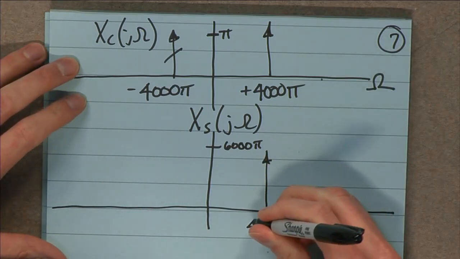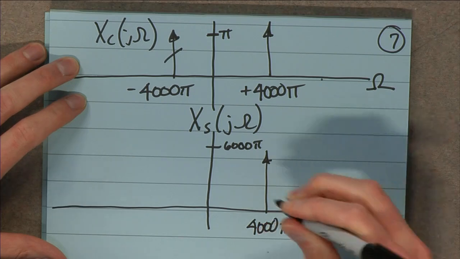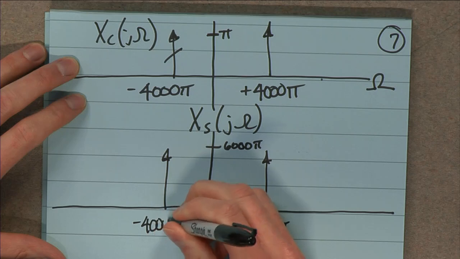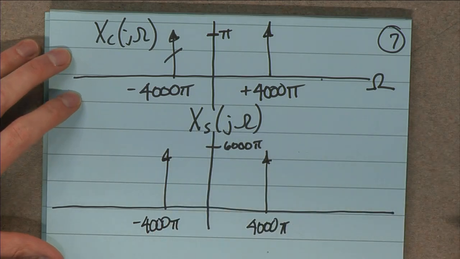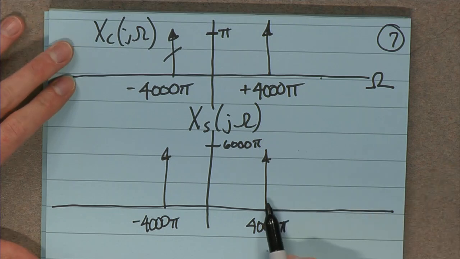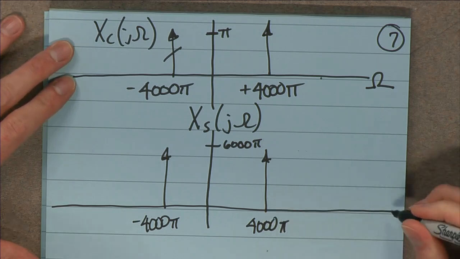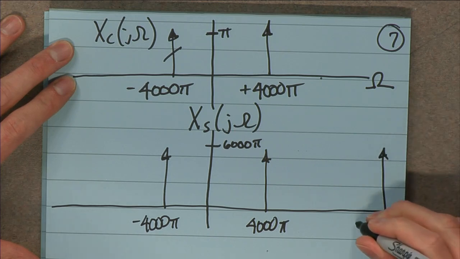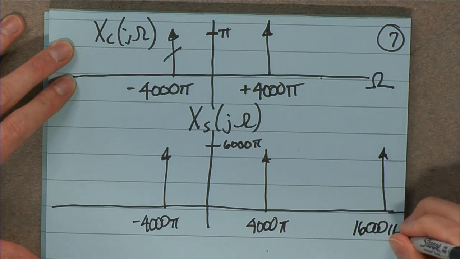So I'll do that first. But then there's the 12,000 pi shifted. So 4,000 plus 12,000 will be way out here. And this is the 16,000 pi.